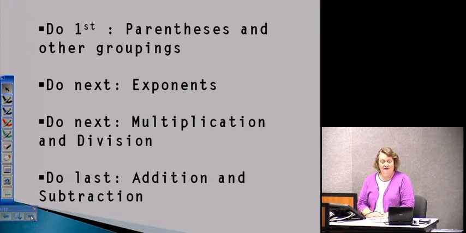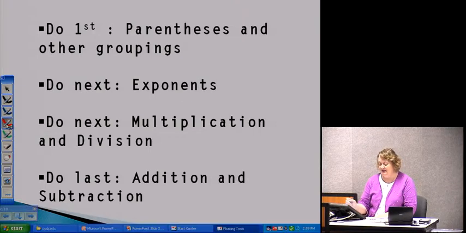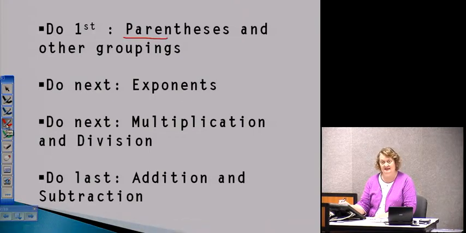As a brief review, remember that we decided that different operations have different priorities, and that the first thing we should do when we're looking at those operations is do our parentheses and other groupings first. The next thing that we should always do is our exponents.